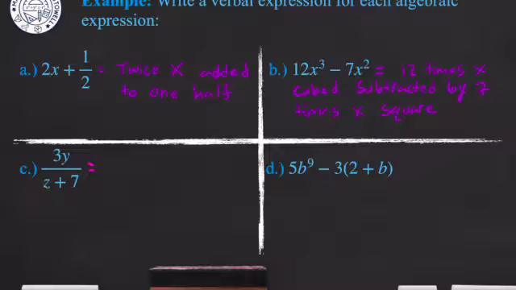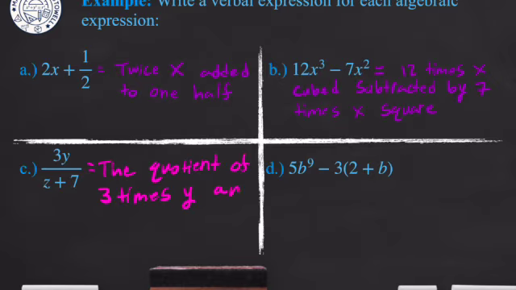So we are going to write the quotient of 3 times y and z plus 7. That's one way of writing it. This is not the only way; you could use different words to mean the same thing.